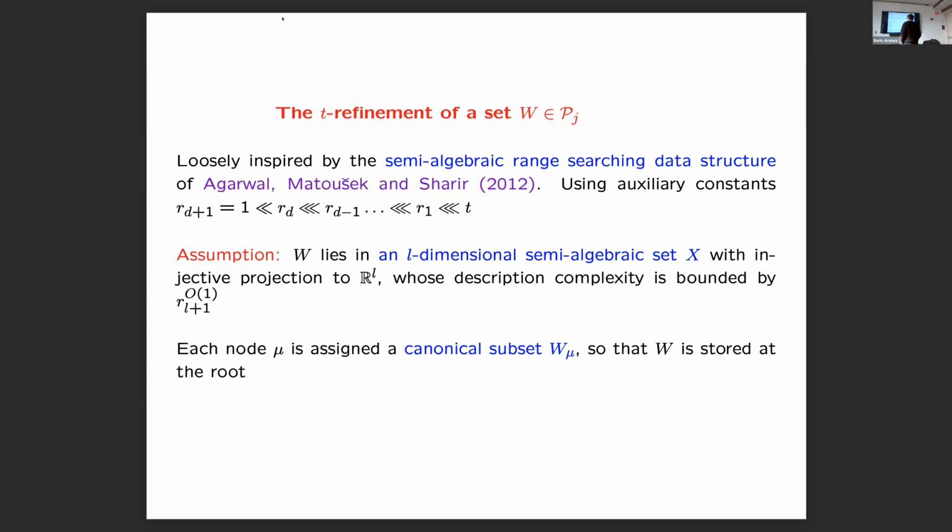And so it's important that in our intermediate partition, every subset is enclosed in a semi-algebraic set of certain dimensionality. And we construct the partition within the proper dimension by projecting it into the proper lower dimensional Euclidean space and applying Newton cuts there.